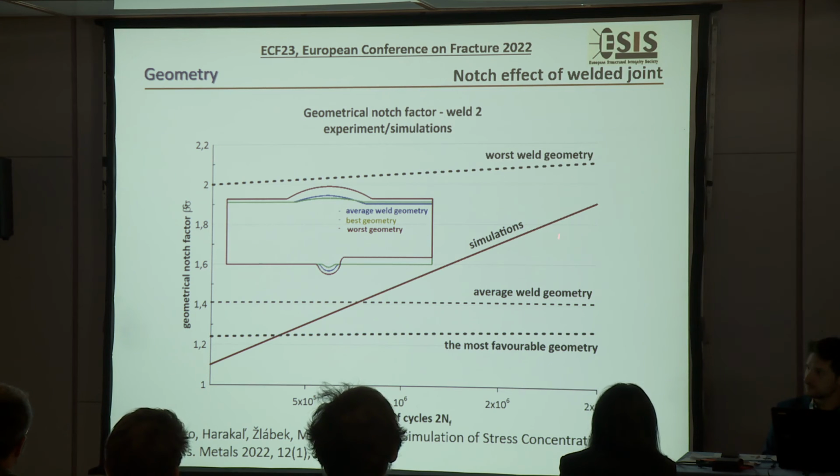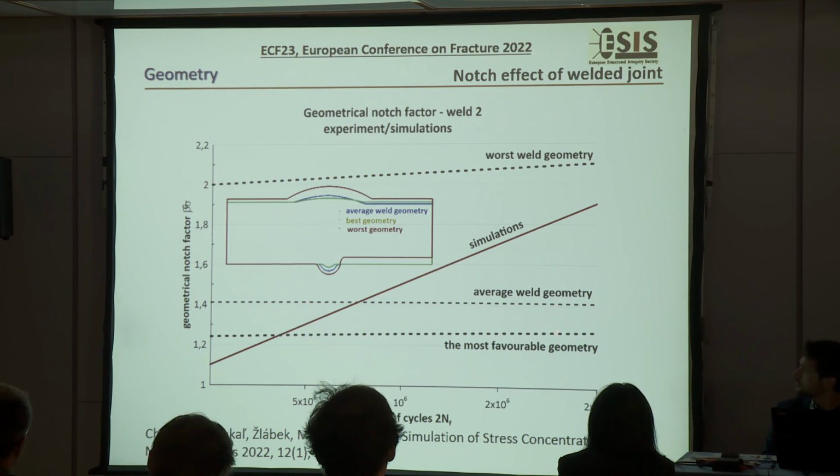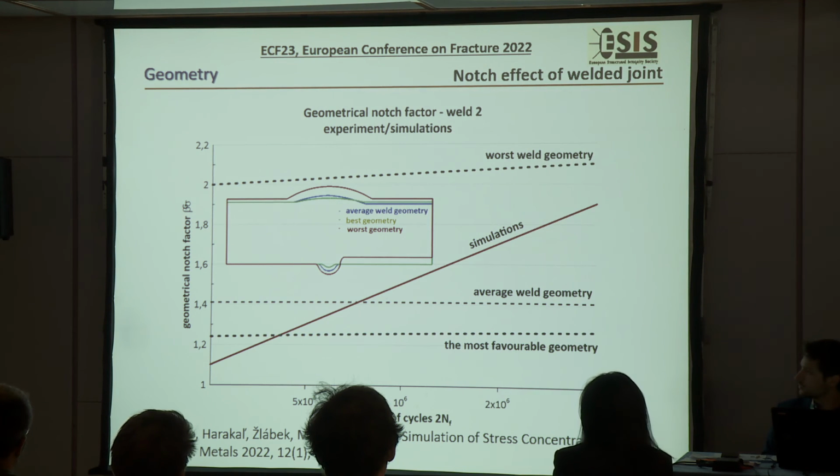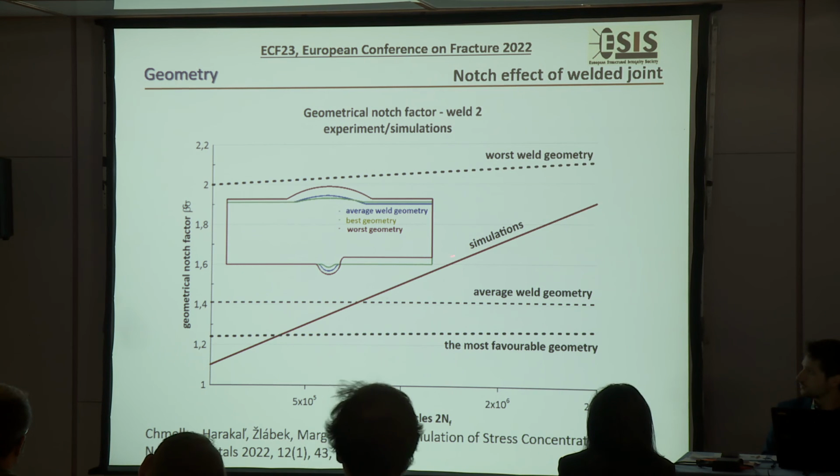This is the range from experiment, between this line and this line, in which the real notch factor occurred for some part of this big notch from a pipe or from an individual specimen. And this full line is not simulation, this is the experiment.